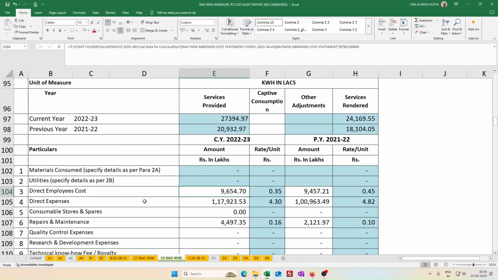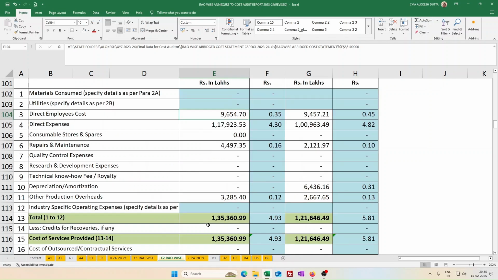What are in distribution: material and utility, direct employee cost, direct expenses cost, consumable stores and spares, repairs and maintenance. This is a standard format as per the company's cost record and audit rules. So you can't change. You have to group the financial data, financial code or SAP code according to these headings.